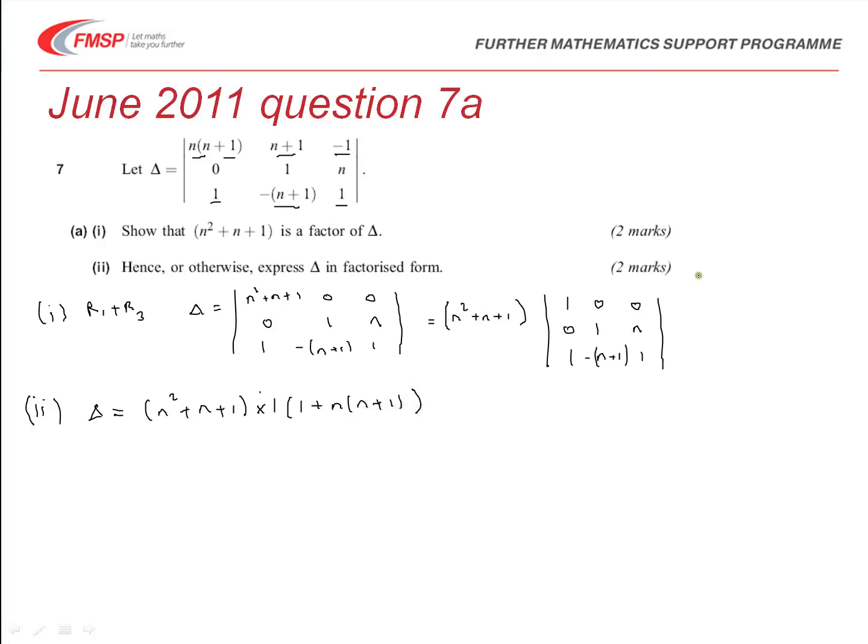That's coming from the determinant of the 1 and the 1 with the n and the minus n plus 1. And of course you can see that this term is the same as the first factor that we found. So in fact this determinant is equal to n squared plus n plus 1 all squared.